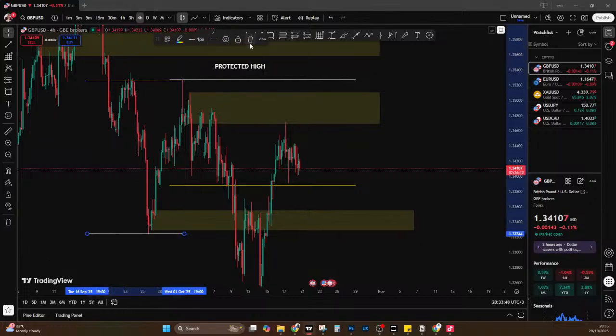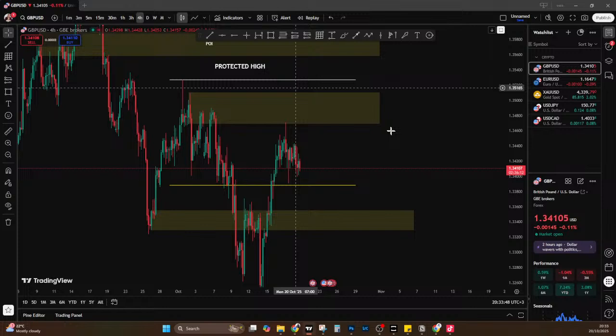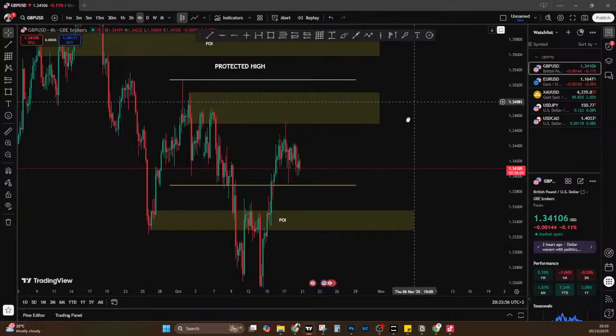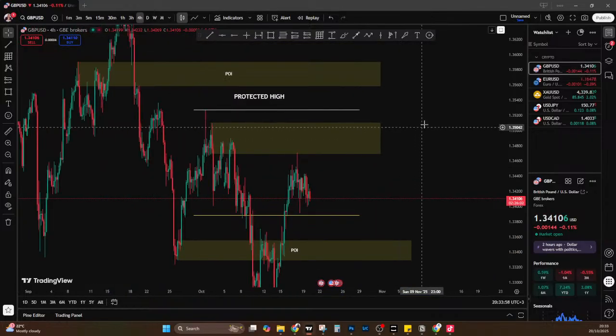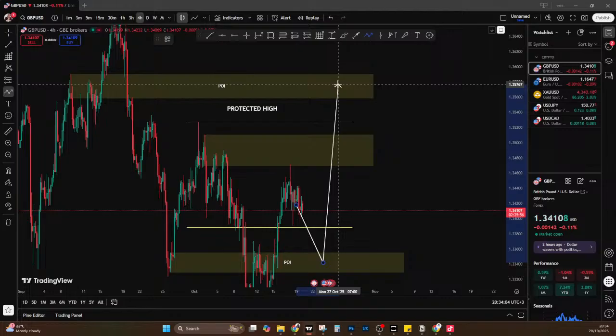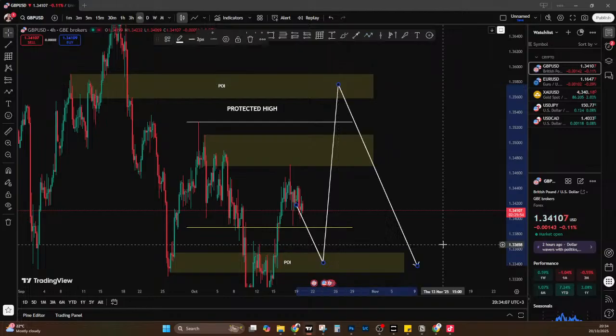So, we have two scenarios that are happening in this market. One, the market can come down, move up, and then come down again.